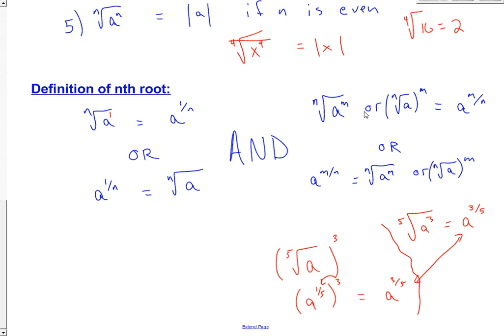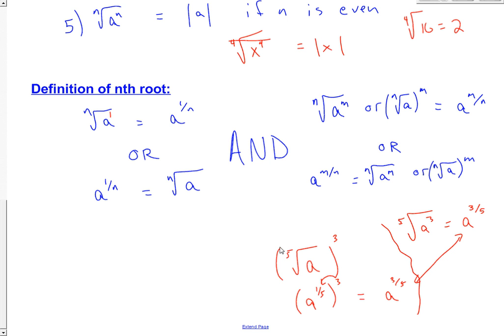So that's what this is saying right here. Similarly, if I work backwards, if I start with the variable with the exponent as a fraction, the denominator can become the radical value to rewrite that in radical form. And the m can be the exponent on the inside of the radical, or you could put the m on the outside of the radical with the parentheses like this.